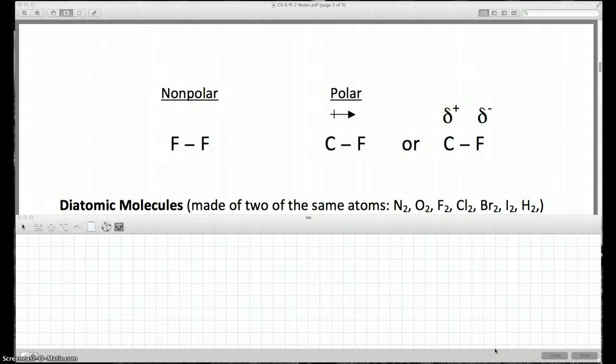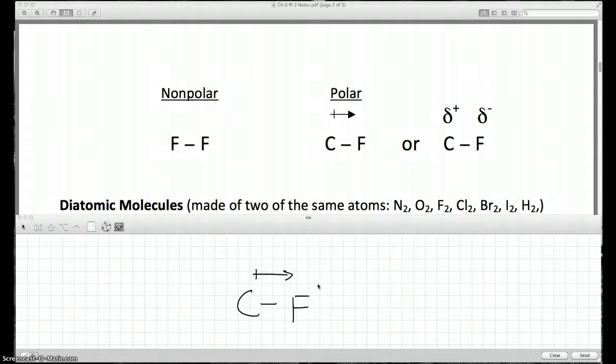There are some symbols that we use for polar bonds to show the polarity of that bond. So if we have carbon and fluorine, again, fluorine is the electron hog here. I particularly like the arrow with the plus sign symbol because the arrow points in the direction that the electrons are getting pulled.